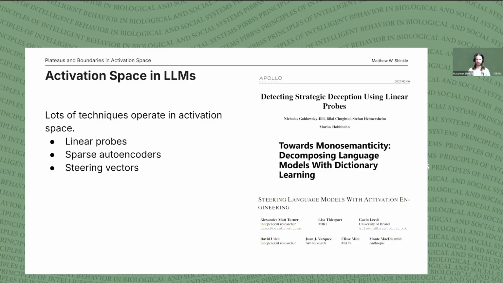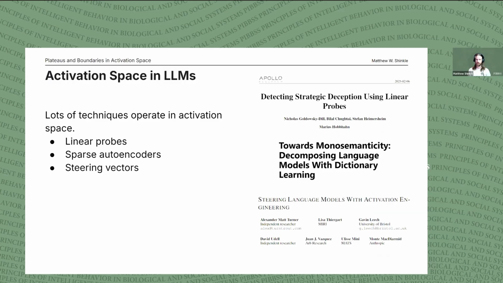So if we want to understand how language models process information, how they understand different contexts, and how they make decisions, the activation space seems like a reasonable place to look. And indeed, a large variety of techniques, including things like linear probes and sparse autoencoders, aim to find linear directions in activation space that correspond to interpretable and behaviorally relevant concepts.